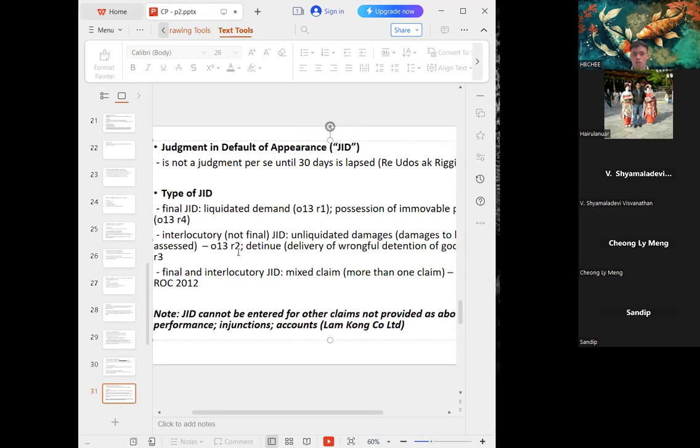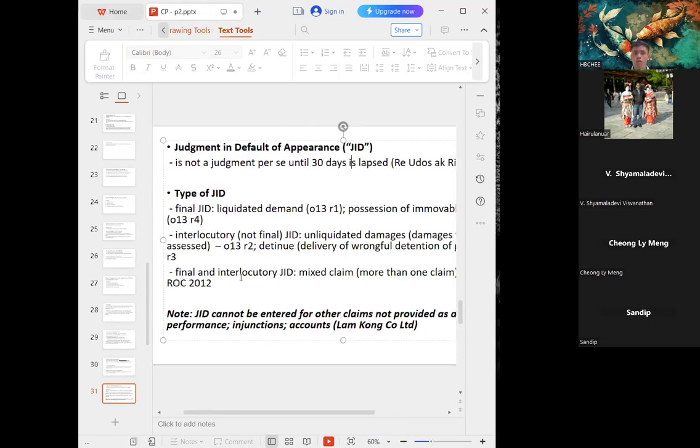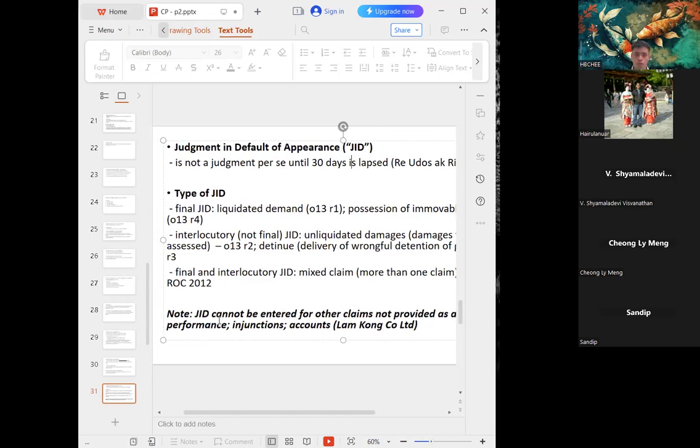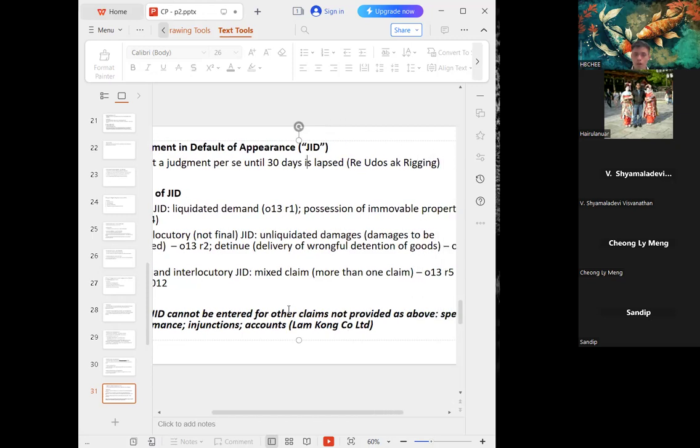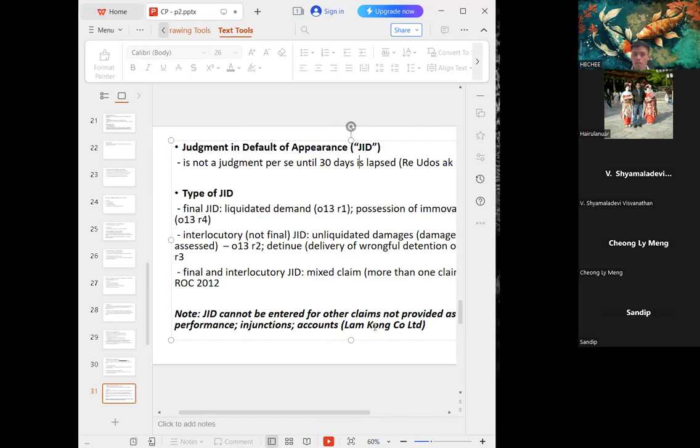And also detinue, which is delivery for wrongful detention of goods. The third type is final and interlocutory, which is a mixed claim, meaning you claim this and you also claim that. Also, just for a note, JID cannot be entered for other claims like specific performance and injunctions. This is given in the case of Lamcom.